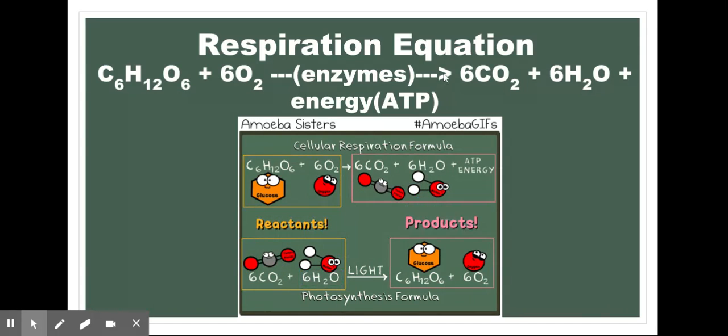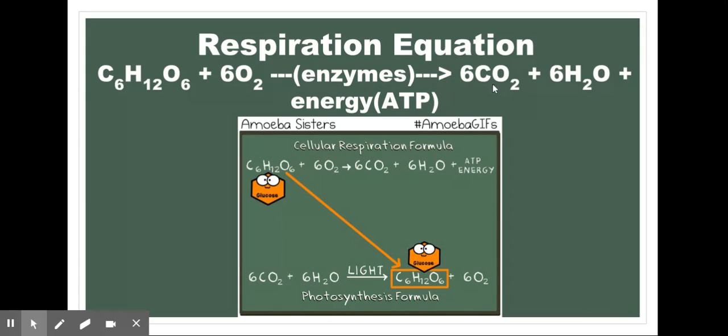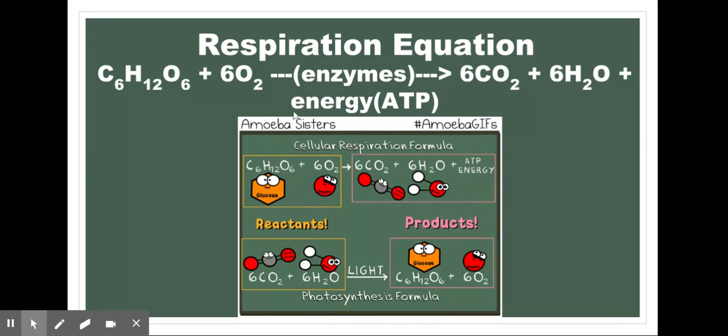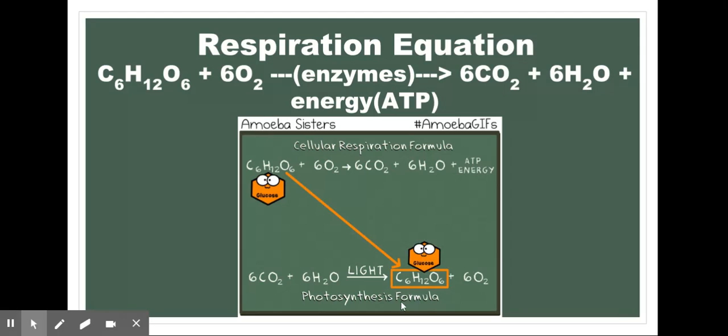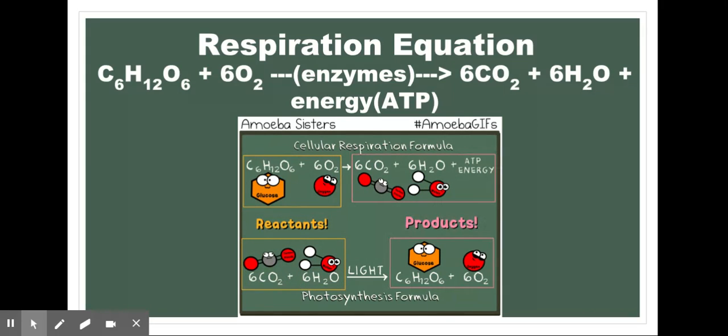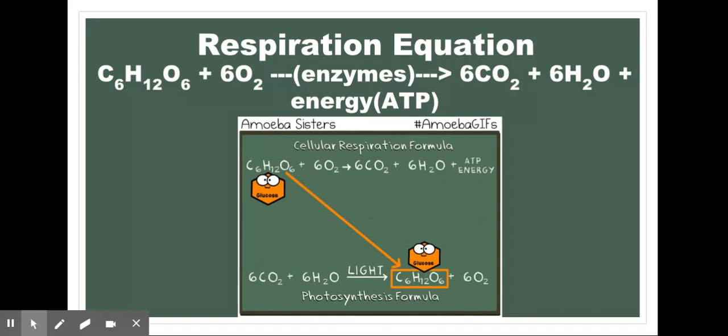Then that gets produced into carbon dioxide, which we breathe out, our cells give off water, and a form of energy, ATP. And if we compare the respiration formula with the photosynthesis formula, we can see they're almost just the opposite. And the only difference is the energy used in photosynthesis is light, the energy given off in cellular respiration is ATP.